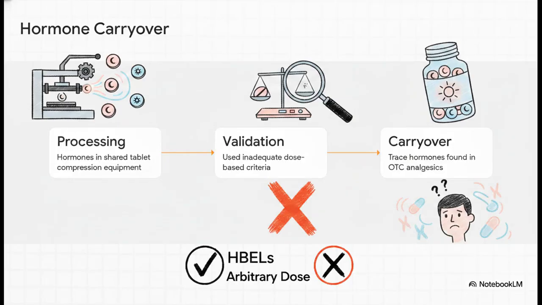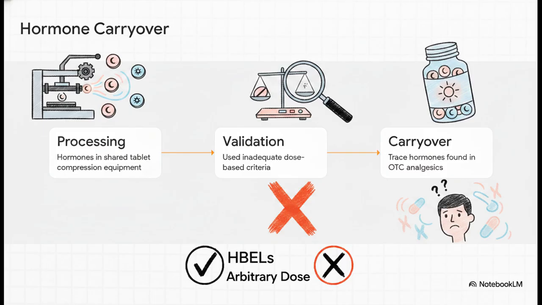Let me give you another real-world failure that perfectly shows why our limits on shared equipment must be absolutely flawless. A contract manufacturer was processing hormonal contraceptives, followed by general over-the-counter painkillers in shared tablet compression equipment. Now, their cleaning validation used completely arbitrary dose-based criteria, say 1/1000th of a dose.